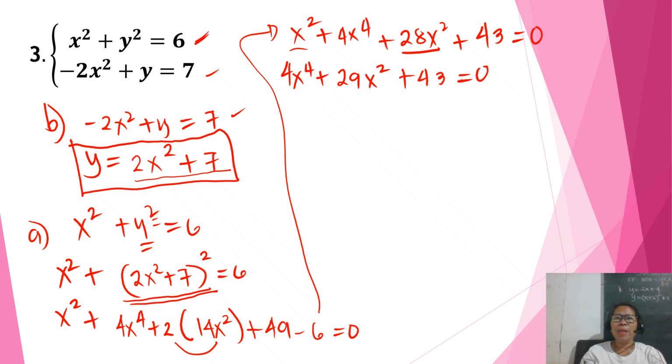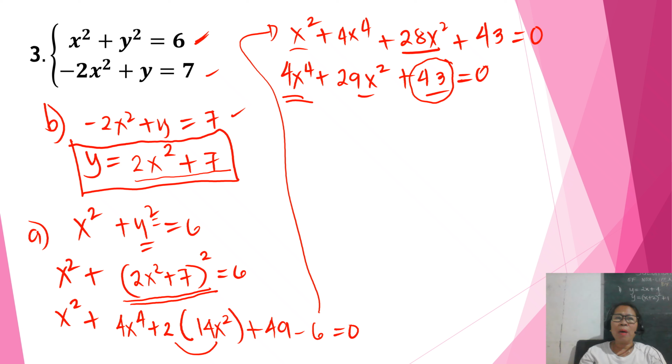Since the highest degree is 4, we will be expecting 4 possible values of x. But how do we find the value of x in this case? I think you remember synthetic division. In synthetic division, we look for the values of x from the last term, or the constant. Since our constant is 43, what will be the possible factors of 43?